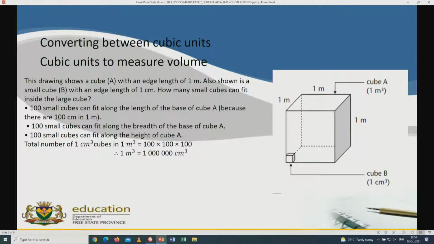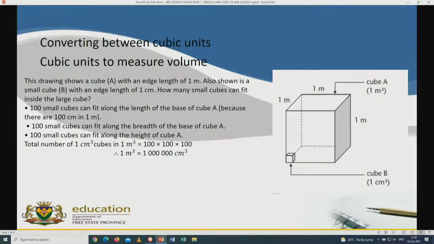Okay, again, let's start. We have a big cube labeled as cube A. And what is its volume? The dimensions are 1 meter by 1 meter by 1 meter, so that will be 1 cubic meter.